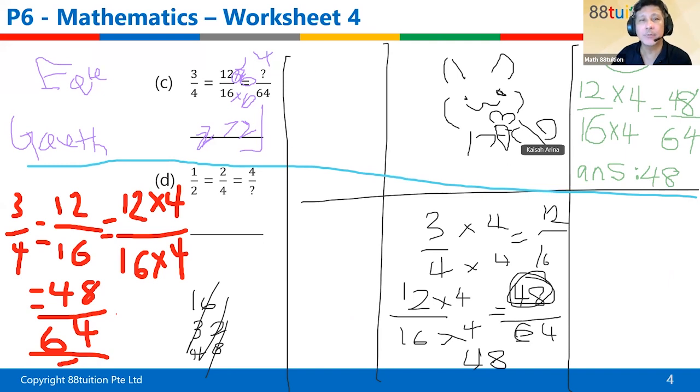That's why your numerator must also multiply by 4. And you will actually get 48. 12 times 4 will get you 48. All right, got it, huh? Gotham? Yeah, I know you wrote the 4 and you stopped there. Okay, so let's move on to B, all right?